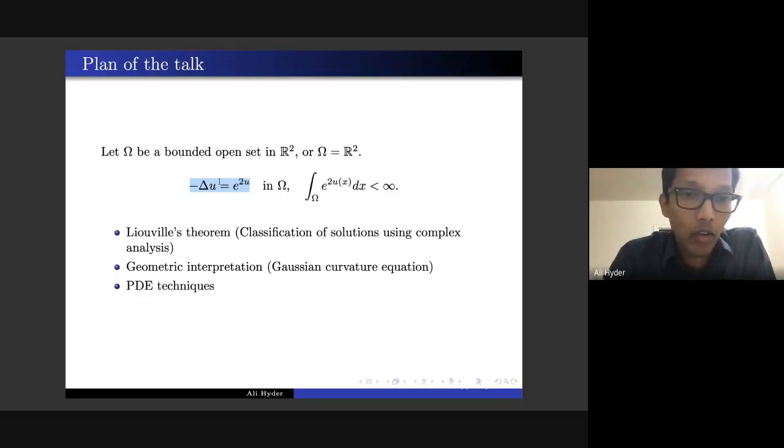At the end I will also mention some results when this PDE is replaced by a higher order one, and the dimension of the space is instead of 2 like 4, 6 or anything.